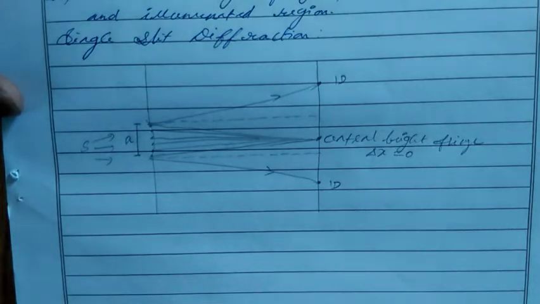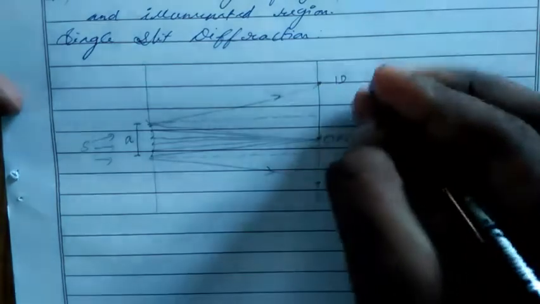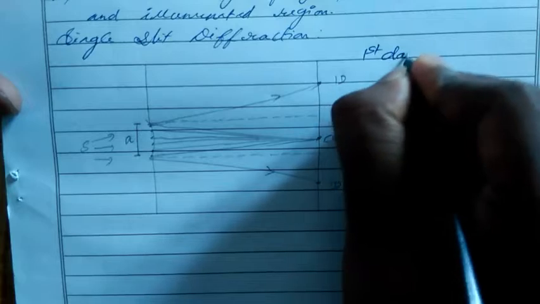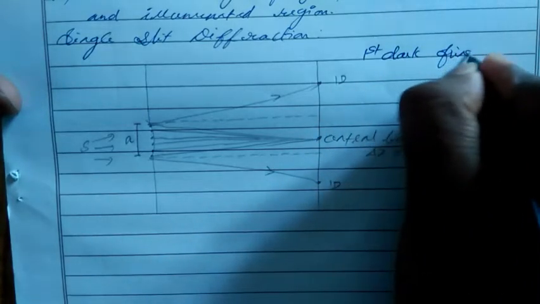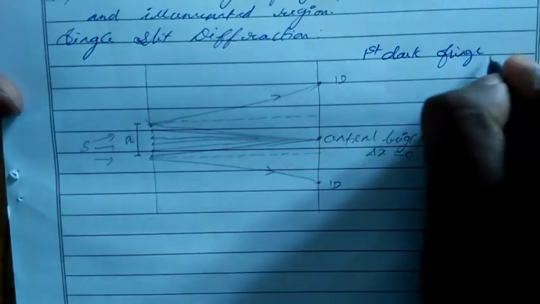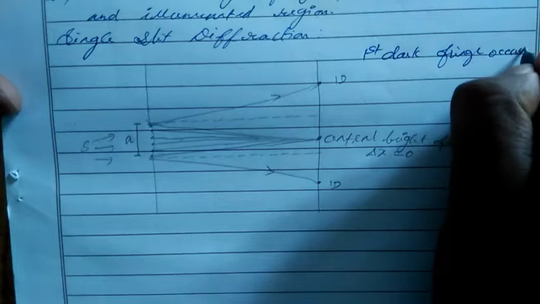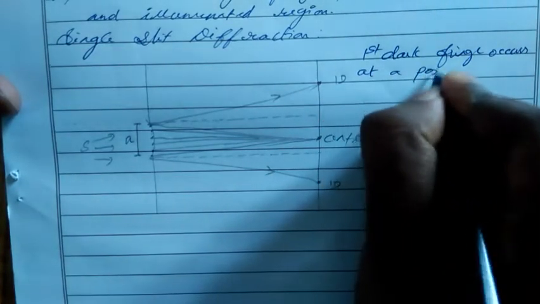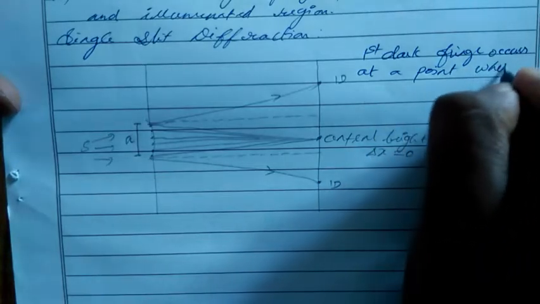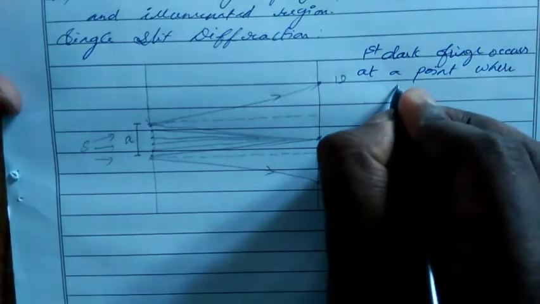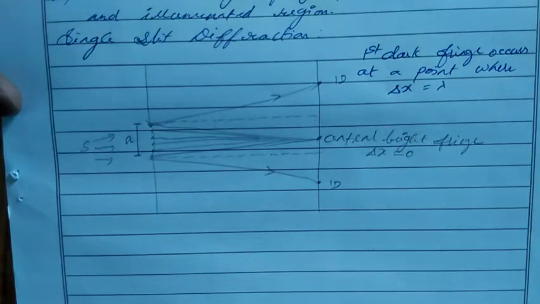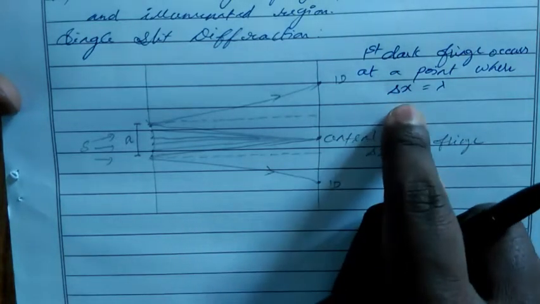So here we have the first dark fringe. The first dark fringe occurs at a point where del x equals lambda. So what is del x? Del x is the path difference.